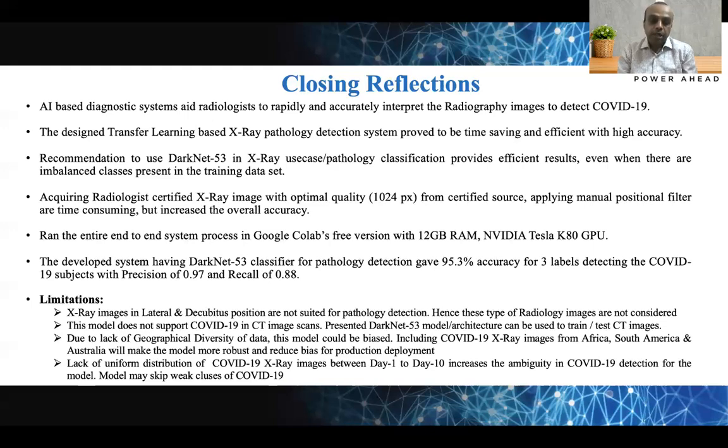Our proposal is to ensure a uniform distribution of COVID-19 images spread across the days of infection. This could lead to much better accuracy, and this is the area of research for future.